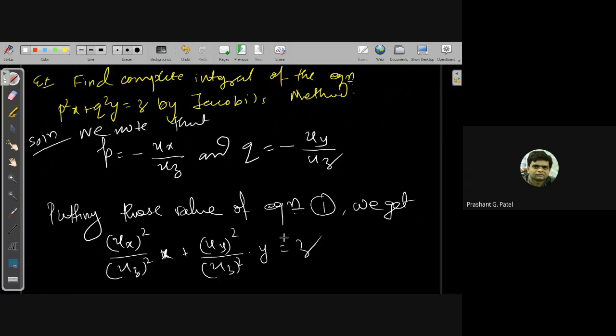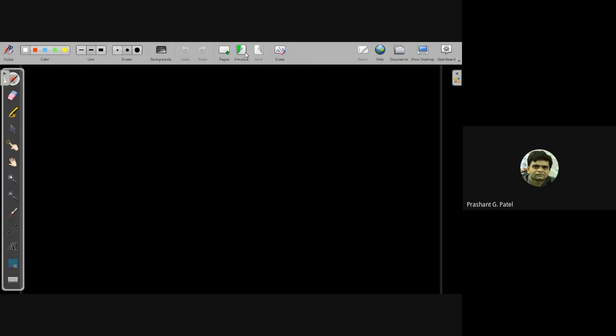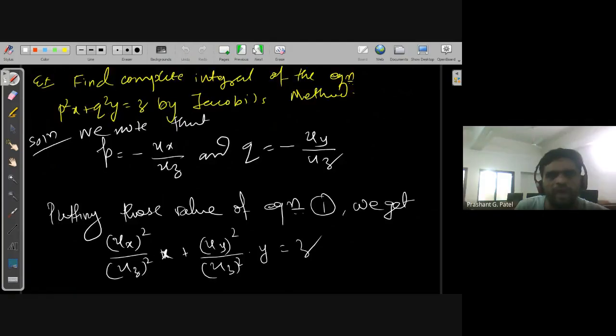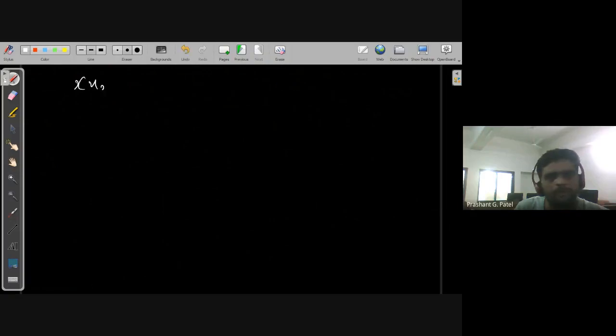If I multiply by uz square on both sides, this equation changes to x ux square plus y uy square equal to z uz square.